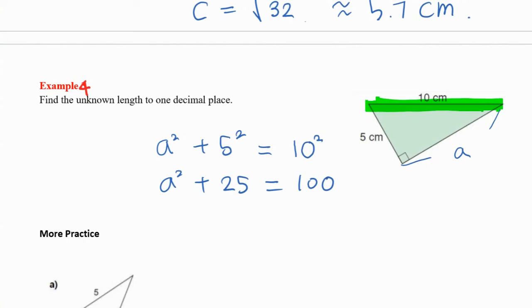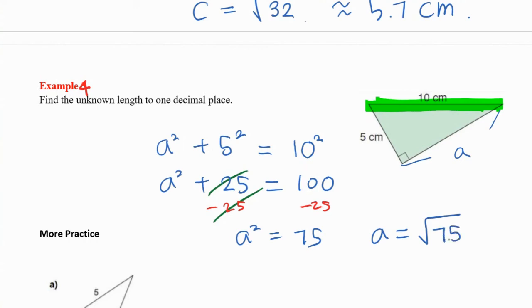Okay, to find a, we're going to isolate a by subtracting, because you have plus 25. So we're going to subtract 25 from both sides to get rid of plus 25. Then plus 25 minus 25, this will cancel. Then I have a squared equals 100 minus 25, which is 75. a squared is 75. Then a is the square root of 75.